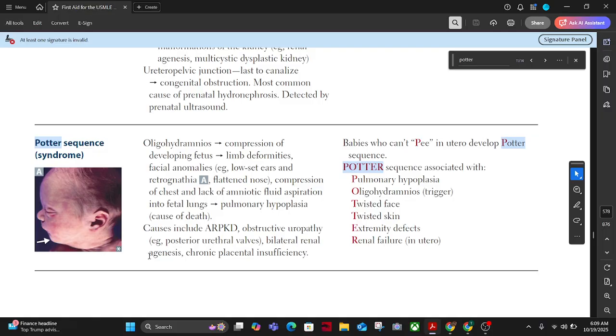Okay, and then causes include autosomal recessive polycystic kidney disease.